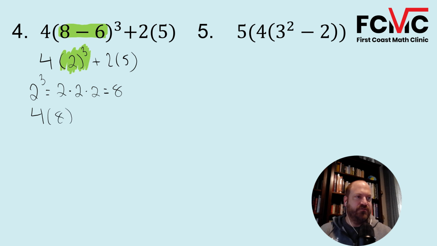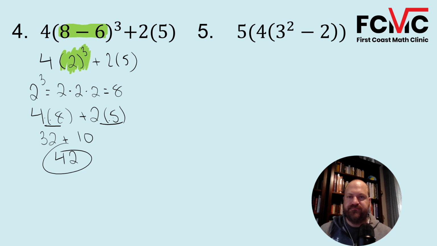So we'll get 4 times 8 plus 2 times 5. Now we've got addition and multiplication, so let's do our multiplication first. 4 times 8 is 32. 2 times 5 is 10. And then 32 plus 10 is going to give us 42 as our answer for number 4.